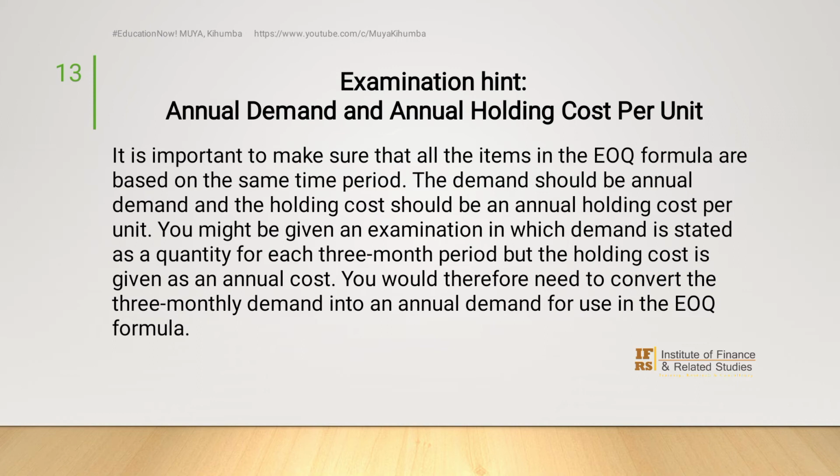It's important to note that all the items in the EOQ formula are based on the same time period. The demand should be annual demand, and the holding cost should be the annual holding cost per unit. You might be given in an examination, or indeed in this question, demand stated as a quantity for each 3-month period.